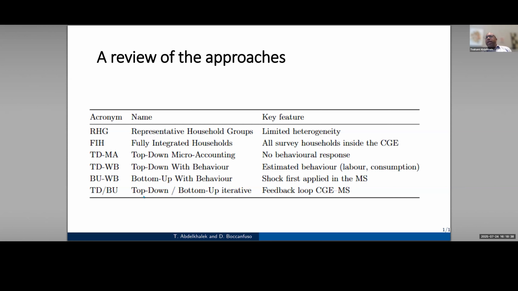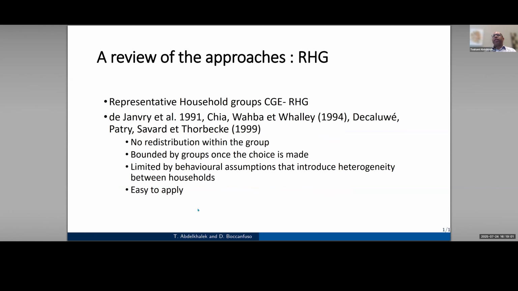The last one is top down and bottom up with iterative feedbacks. With a loop, we are looking at the impact. We can start from the top level to the bottom and go from the bottom to the top of the economy. This is what we have as approaches in the microsimulation approach.